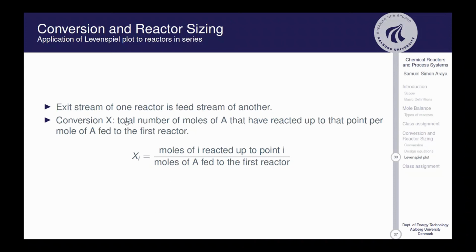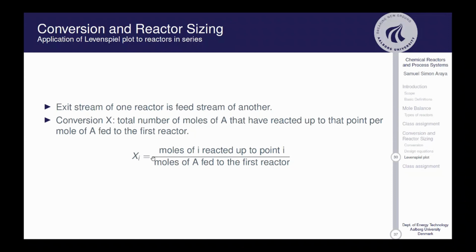The definition of conversion for more reactors is basically the moles of A that have reacted up to the point that we're dealing with, compared to what was fed in the first reactor. So we still use the first reactor as our denominator for the definition of conversion.